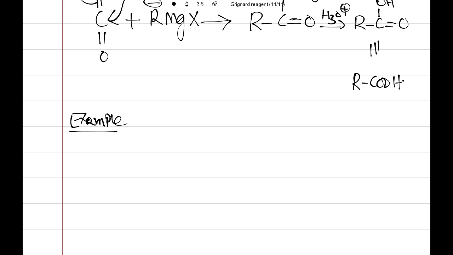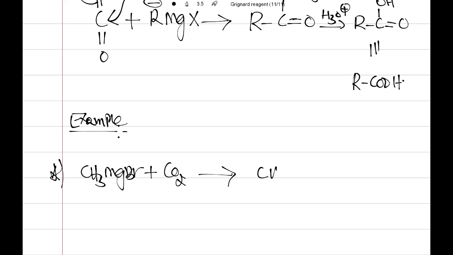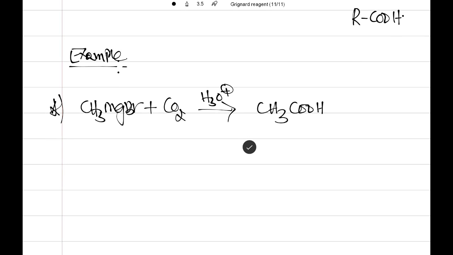I am taking CH3MgBr, when this reacts with CO2, we can get CH3COOH on hydrolysis. How?